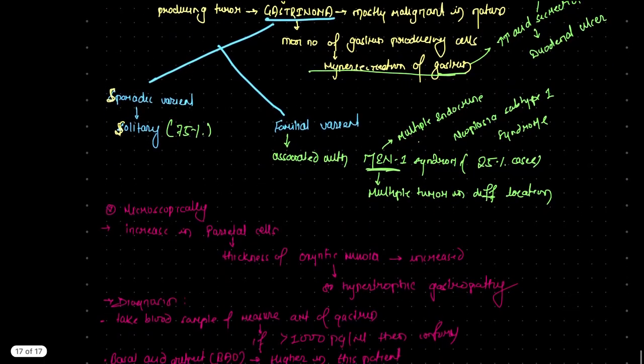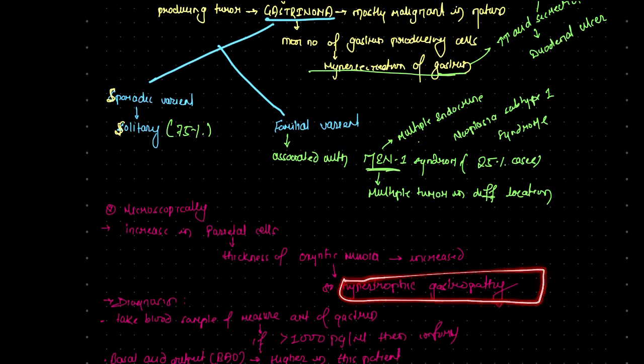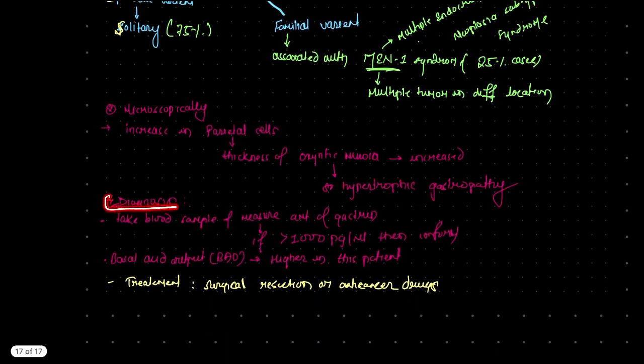Microscopically, we will find an increase in parietal cells, so the oxyntic mucosa's thickness will be increased. Since everything is increasing, earlier we mentioned that this is also called hypertrophic gastropathy. That's all.